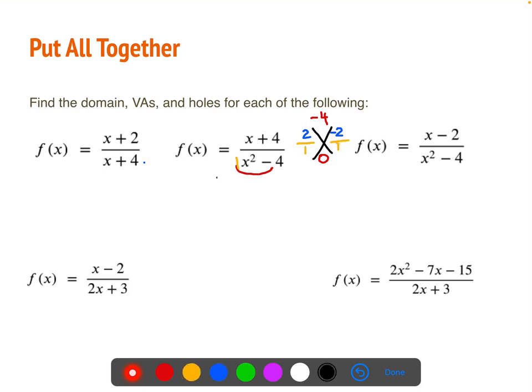That's 2 and negative 2. Divide by A. So this problem is x plus 4 over 2 divided by 1 is x plus 2. Negative 2 divided by 1 is x minus 2. Okay, I'm just going to go through each one of these and factor.